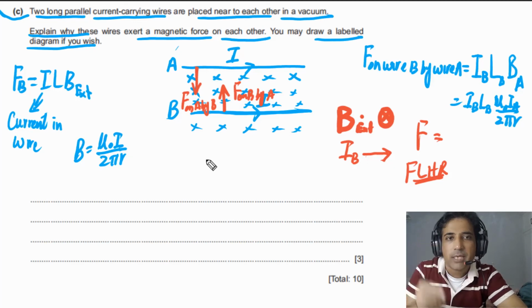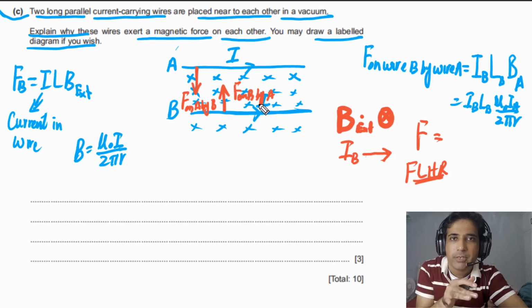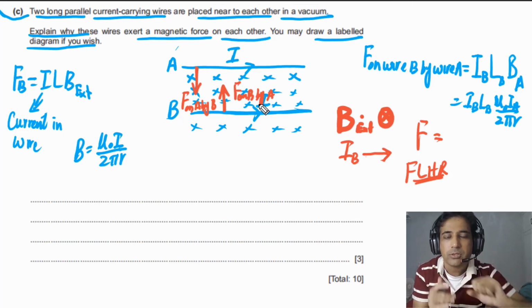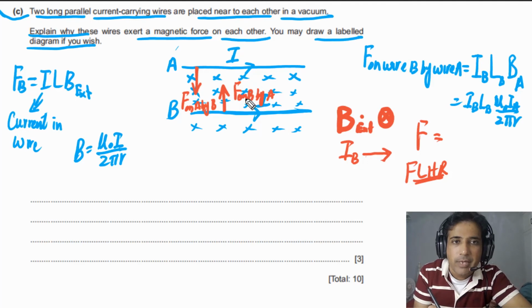Simply, when this wire B is placed inside an external magnetic field, and in this case the external magnetic field is due to wire A, the wire B will experience a force by wire A, meaning these two wires will attract each other. If the current is in the opposite direction, they will repel each other. The magnitude of this force on the two wires will be the same, but the direction will be opposite.